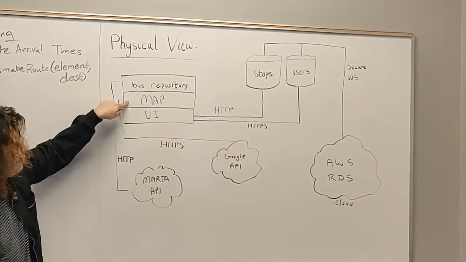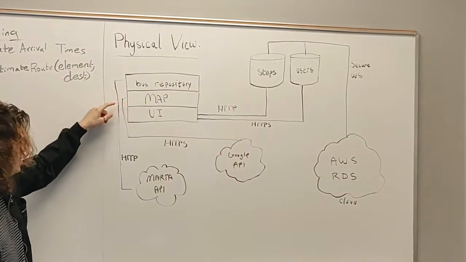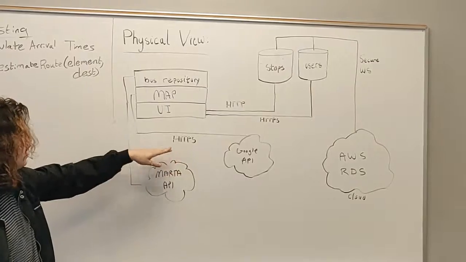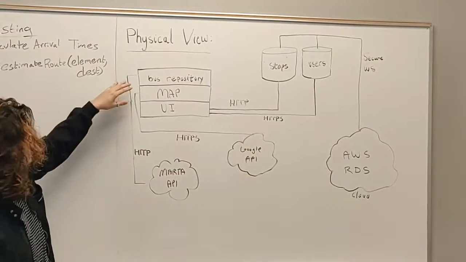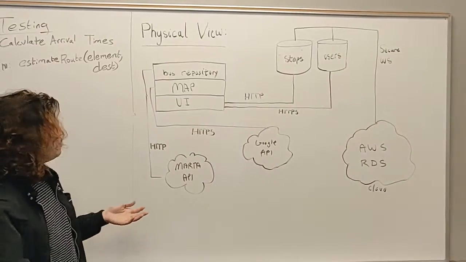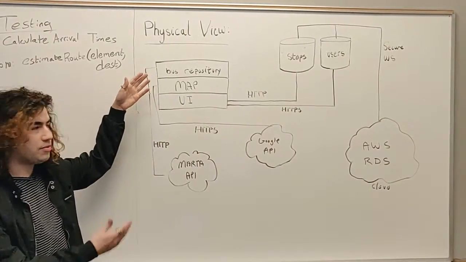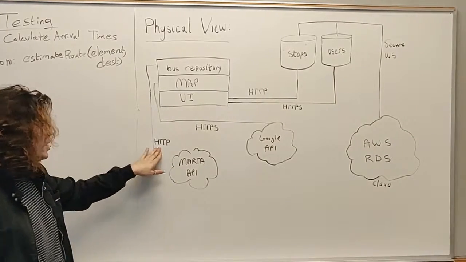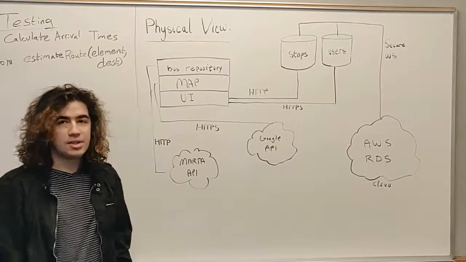We also have the map, which presents the data that's given to us, and that works through the Google API through the cloud as well, using the HTTPS protocol. And then lastly we have the bus repository, which gives us all the information we need on routes from MARTA, and it communicates with the MARTA API through an HTTP protocol.